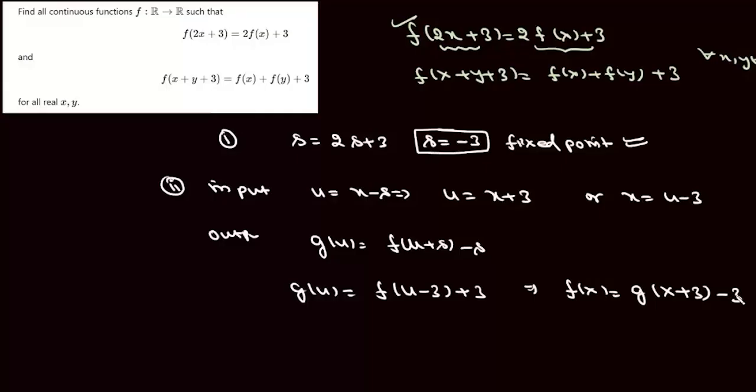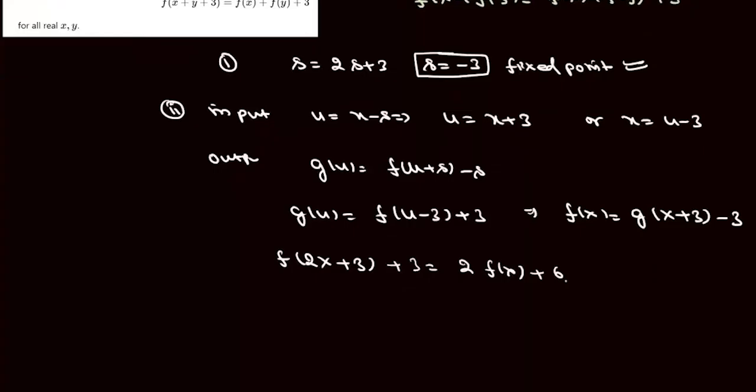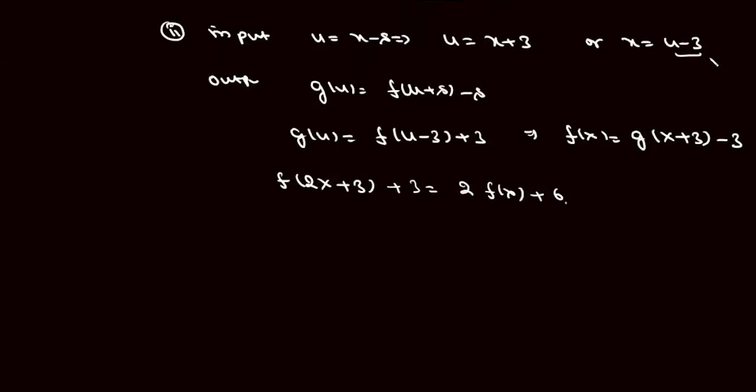Now we'll change this first equation into scaling structure. Now in this f(2x + 3), we'll subtract s both sides. So it'll be f(2x + 3) + 3, and it'll be 2f(x) + 6. Now x is u - 3, so it'll be f(2u - 3) + 3, and it'll be 2f(u - 3) + 6.